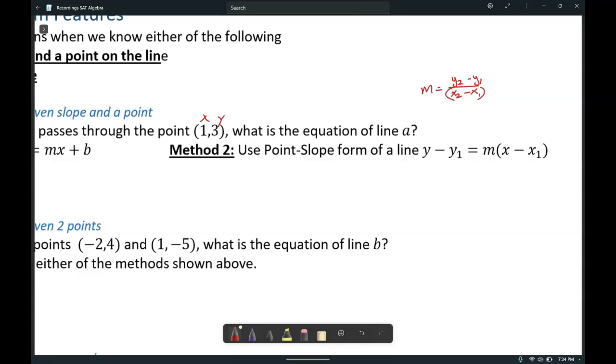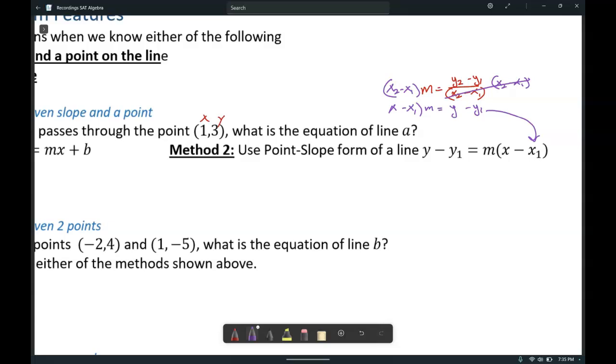Well, if I multiply both sides of my equation by the denominator x2 minus x1, so that it cancels, what I'm left with is x2 minus x1 times m equals y2 minus y1. And that looks markedly similar to what we have here. The only difference is we don't have the x2 and the y2, and they're on different sides of the equal sign. But that's where we get the equation for point-slope form. It's derived from one from the other.